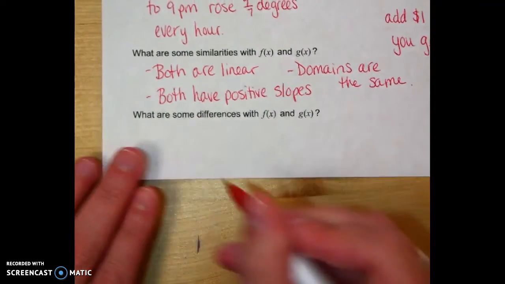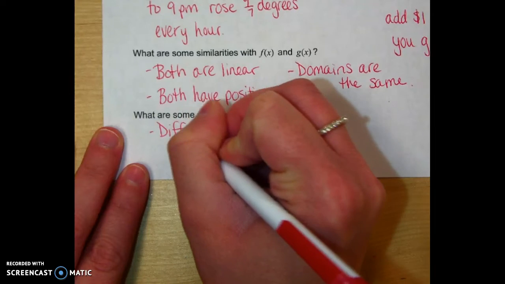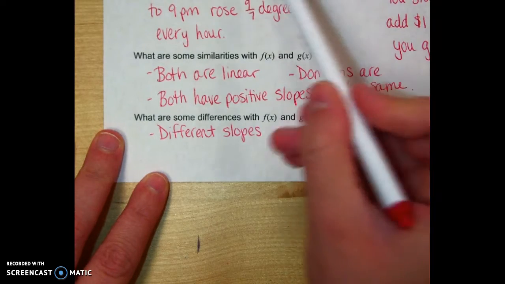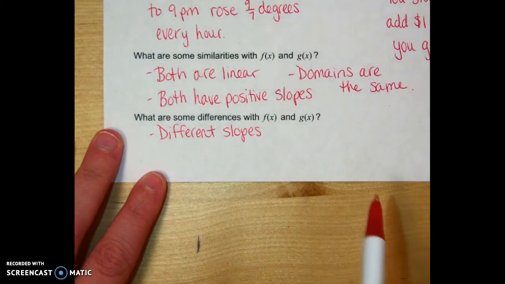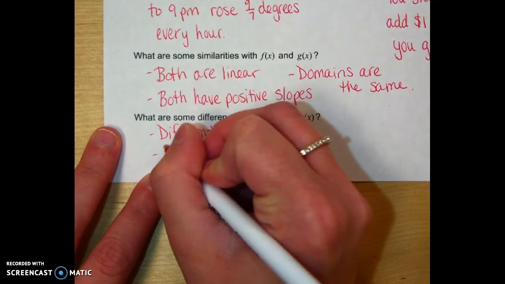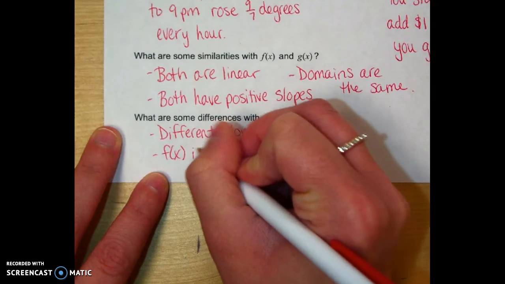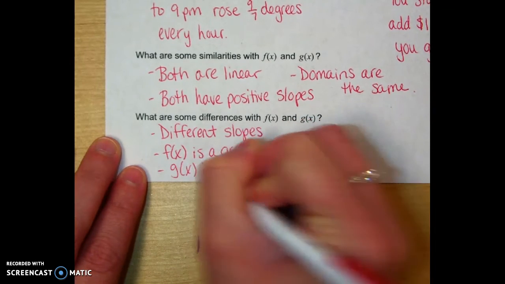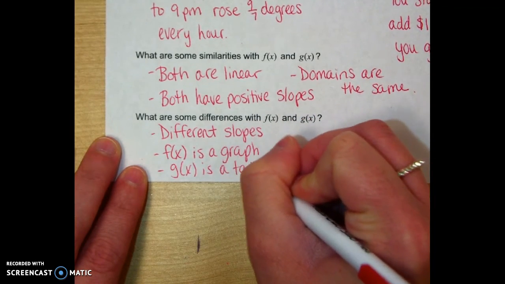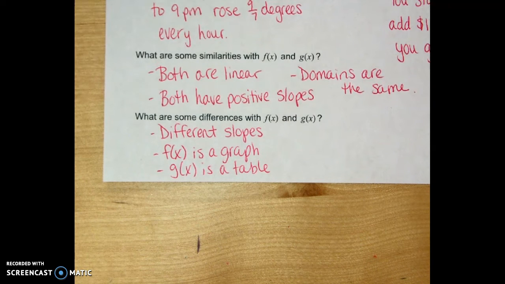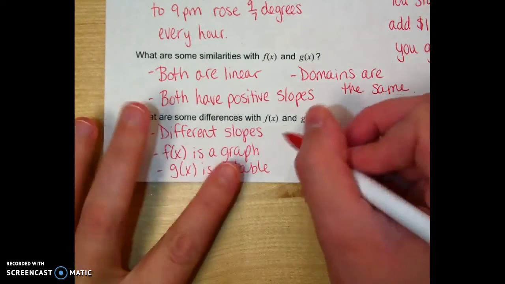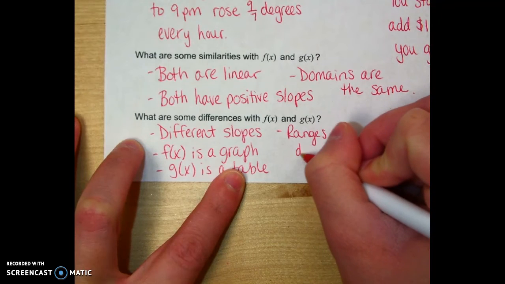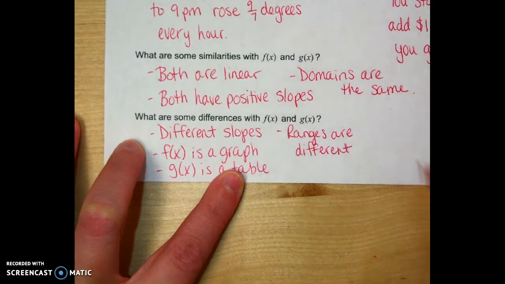What are some differences? So they have different slopes, because this one was 9/7, and then this one over here was 1. And then f of x was a graph, and g of x is a table. There are other differences as well. The ranges are different. I think that's enough examples for that one.